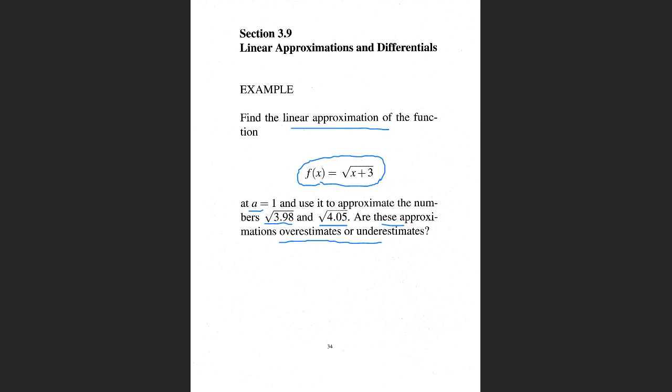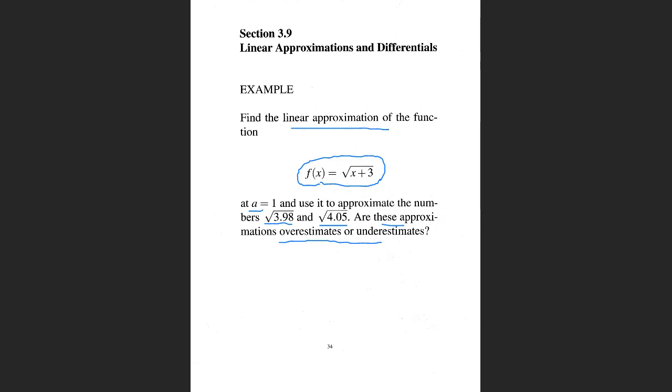Certainly in astronomy, if it were an application involving astronomy, that little difference could be important. I mean, how would you find the square root of 3.98? If somebody asked you, hey, what's the square root of 3.98, what would you do?